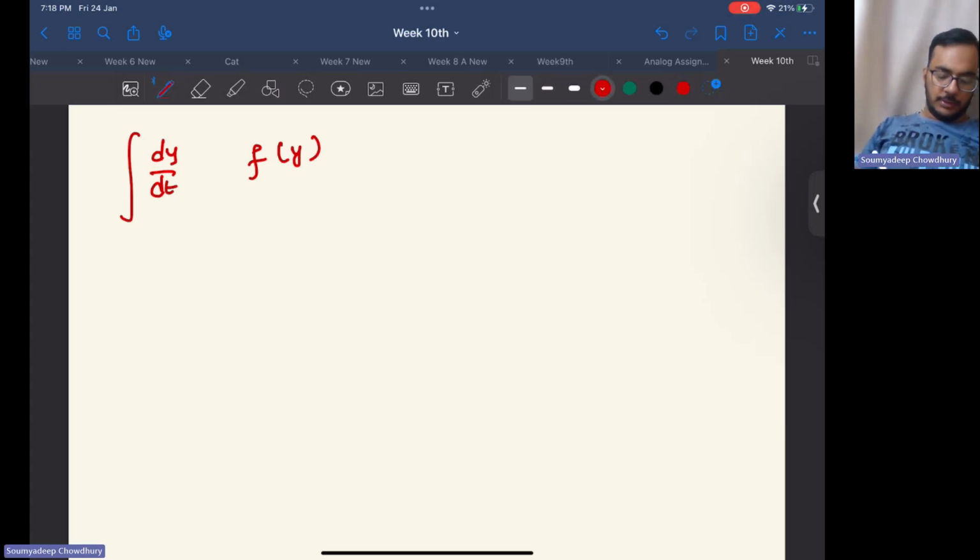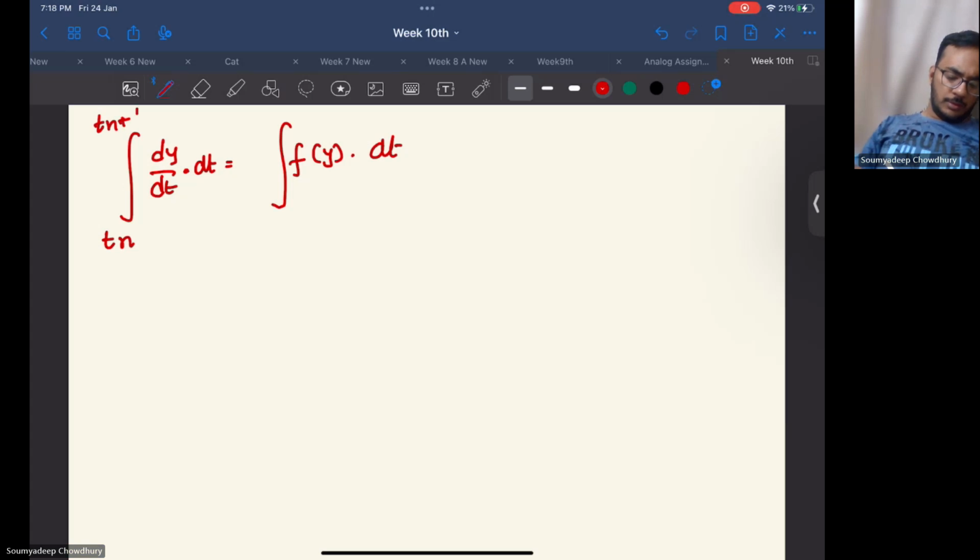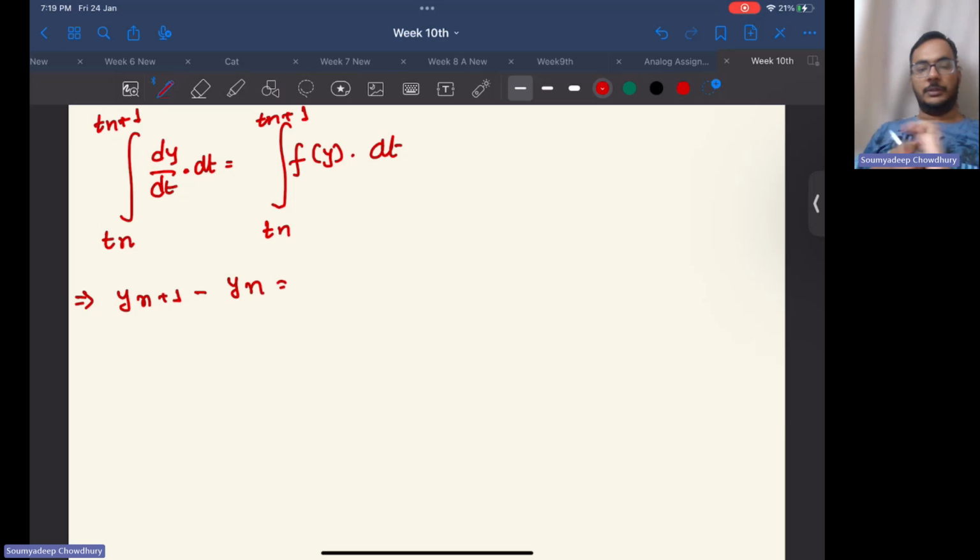What we do is both sides we multiply by dt, right? f of y dt. We integrate from tn to tn plus 1, here also tn. So we get yn plus 1 minus yn. So this thing, we don't know the function, we don't know the derivative of the function, right? f of y is not known to us. So this is unknown to us.